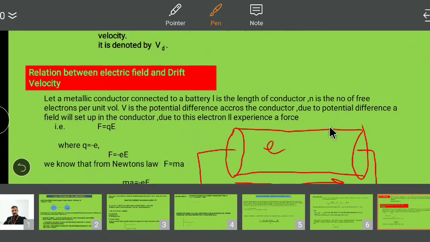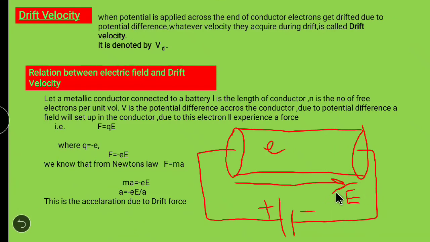So due to this electric field, the electron will feel a force towards this direction, opposite to the direction of the electric field. So when potential is applied across the ends of the conductor, electrons get drifted due to the potential difference. Whatever velocity they acquire during drift is called drift velocity.